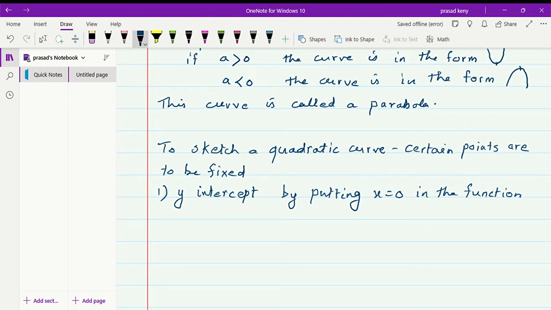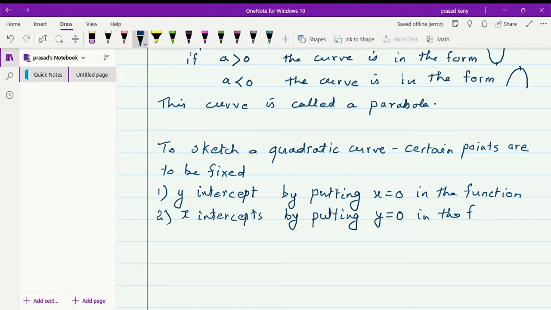Then second, x-intercepts, so they are determined by putting y equal to 0 in the function.